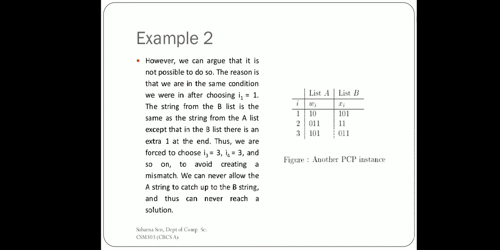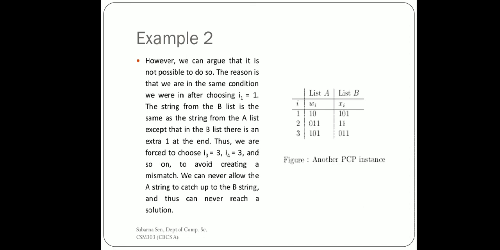So to come up to a solution, we have to incorporate one more 1 in list A. So the choices are what? I3 can be 3, right? Why 3?